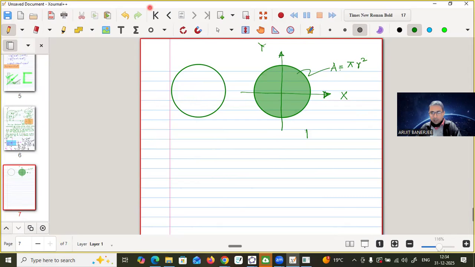So Ixx and Iyy. For this it will be A r square by 2. For this also it will be A r square by 2.